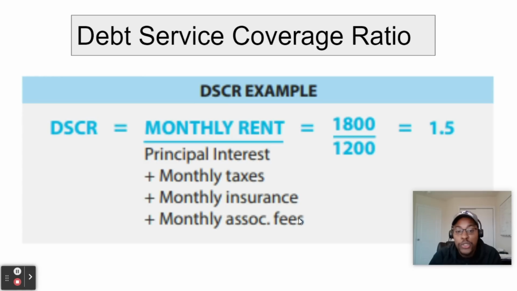All right, so when it comes to investment real estate financing, one of the things you have to understand is what's called DSCR, which stands for debt service coverage ratio. Now, this is a ratio between the monthly rental income of a real estate investment property divided by the total costs for servicing that particular property with respect to your monthly payments towards the mortgage.